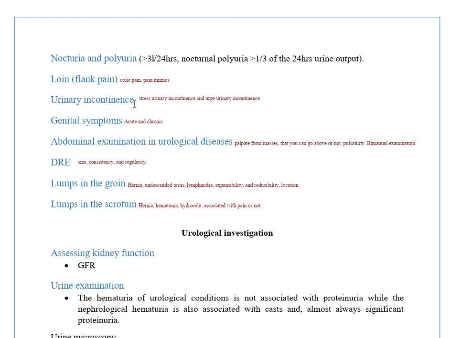The other symptoms the patient will be coming with will be related to the abdominal part. So you need to do an abdominal examination in urological disease. Let's say that someone has a mass in the kidney. This mass might be palpable, especially on bimanual exam.